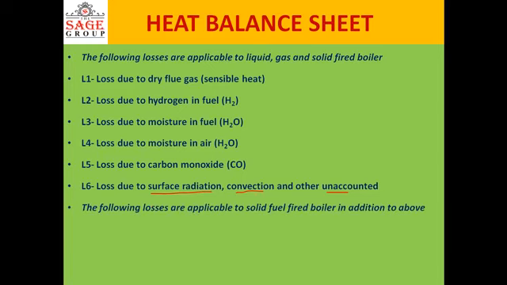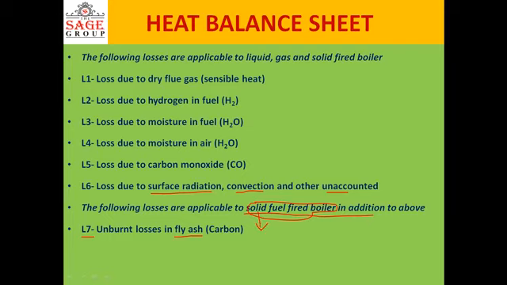There are also some other losses applicable to solid fired boilers in addition to the above. We are considering here only the solid fuel fired boiler, for which there are additional losses. L7 is the unburned loss in fly ash, which is produced only in the case of a solid fuel fired boiler.